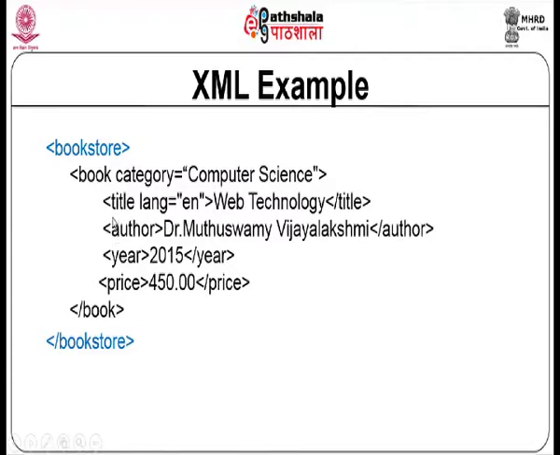So, bookstore is an element node, book is an element node, category is an attribute node, and title, author, year, and price are children of this book node.